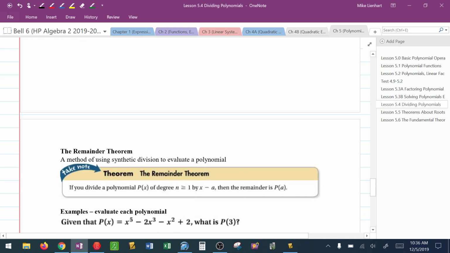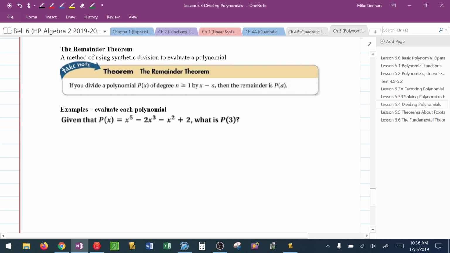Now, another thing that we can do with synthetic division is this thing that's called the remainder theorem. The remainder theorem is a fast way for us to plug and chug a number. I'm going to write this down, but then I'm going to show you a faster way to do it.